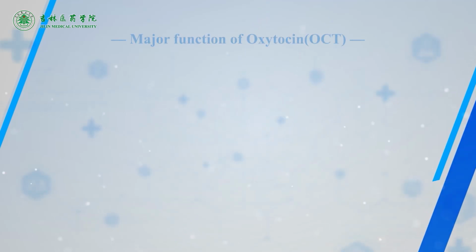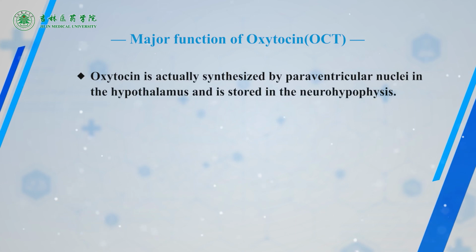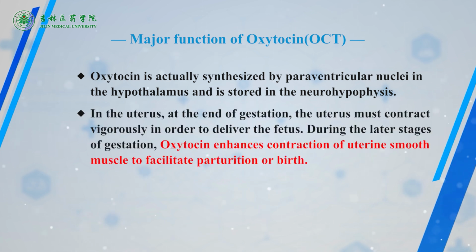Major function of oxytocin, OCT. Oxytocin is actually synthesized by paraventricular nuclei in the hypothalamus and is stored in the neurohypophysis. In the uterus, at the end of gestation, the uterus must contract vigorously in order to deliver the fetus.